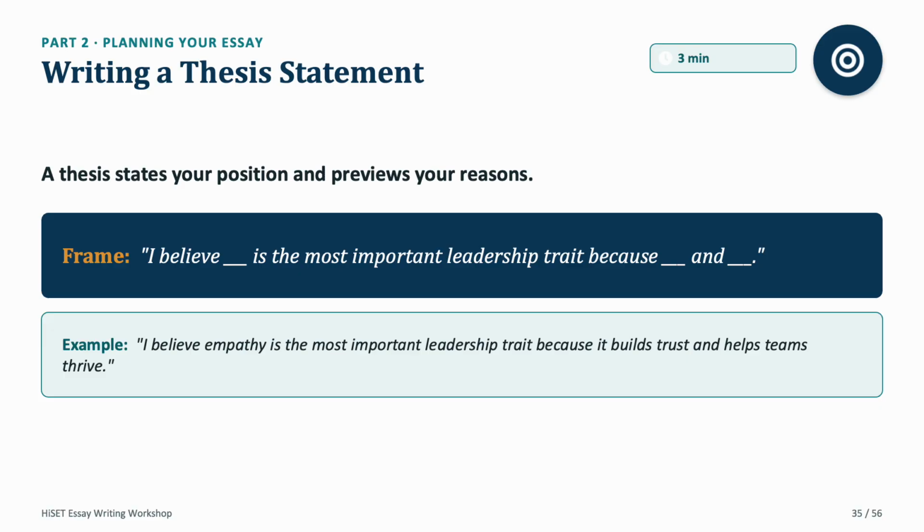For example, I believe empathy is the most important leadership trait because it builds trust and helps teams thrive. See, I can almost see my organizer inside the thesis. My position, empathy is most important. First reason, it builds trust. Second reason, it helps teams thrive. That's what a strong thesis does. It gives the reader a clear roadmap.